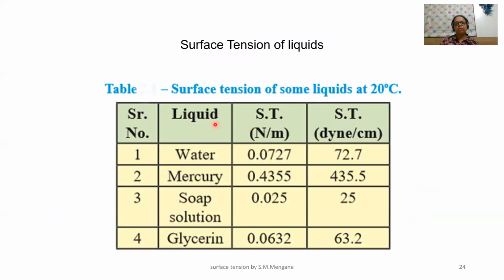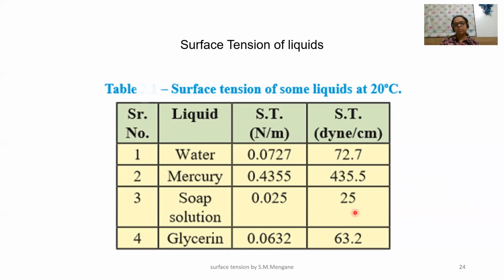Just have a look at the table of surface tension of some liquids at 20 degrees centigrade. See, the surface tension of soap solution is 25 in the CGS system and it is 435.5 for mercury, which is very high, and hence mercury is a heavy liquid while soap solution is a light liquid, we can say.